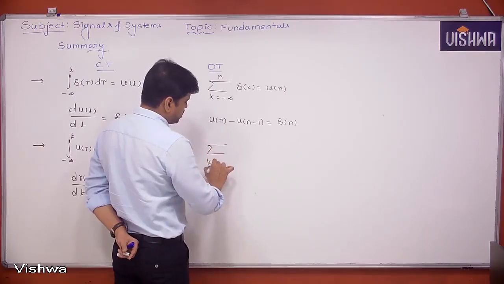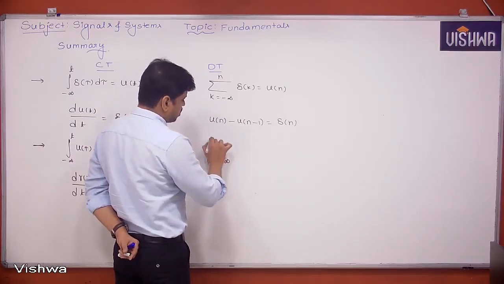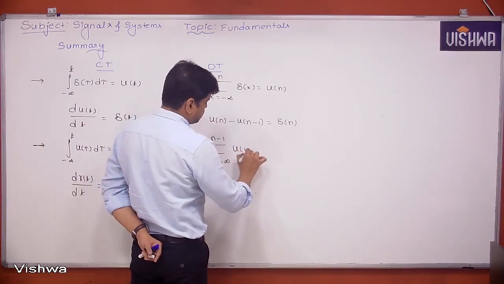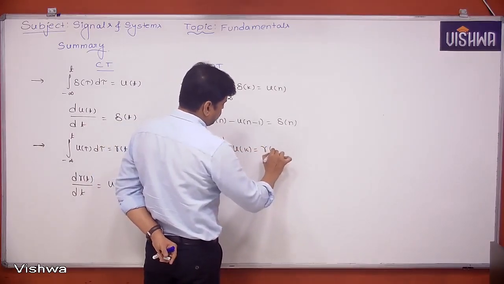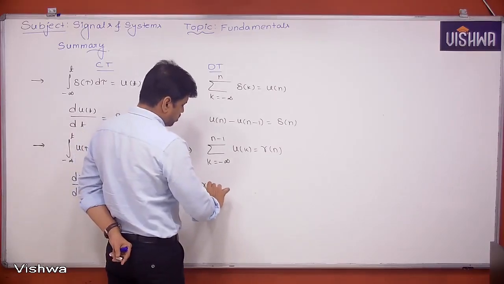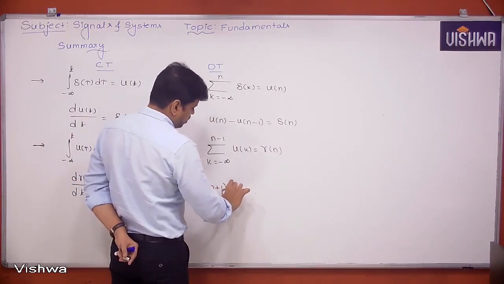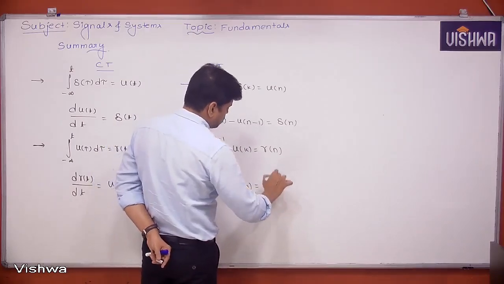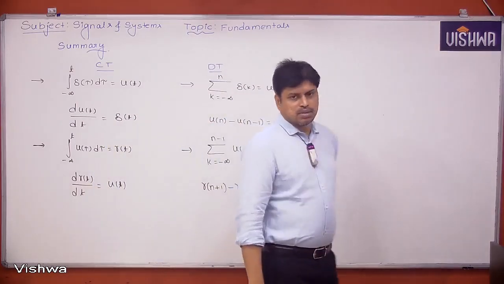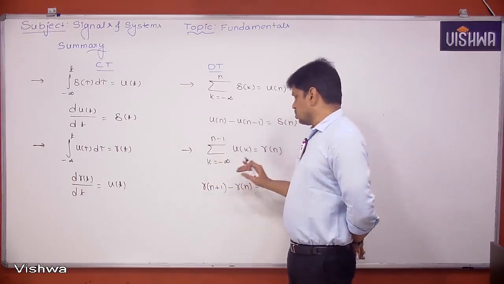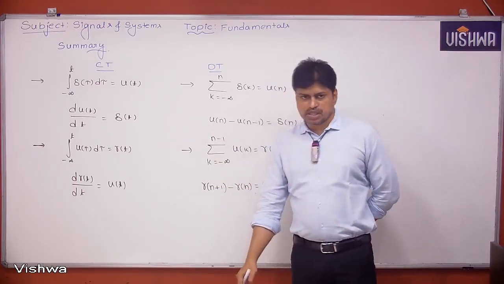The summation k equal to minus infinity to n minus 1 of u of k is equal to r of n, whereas r of n plus 1 minus r of n is nothing but u of n. So this is a small deviation from the continuous time case. Please be careful here. Take a note.